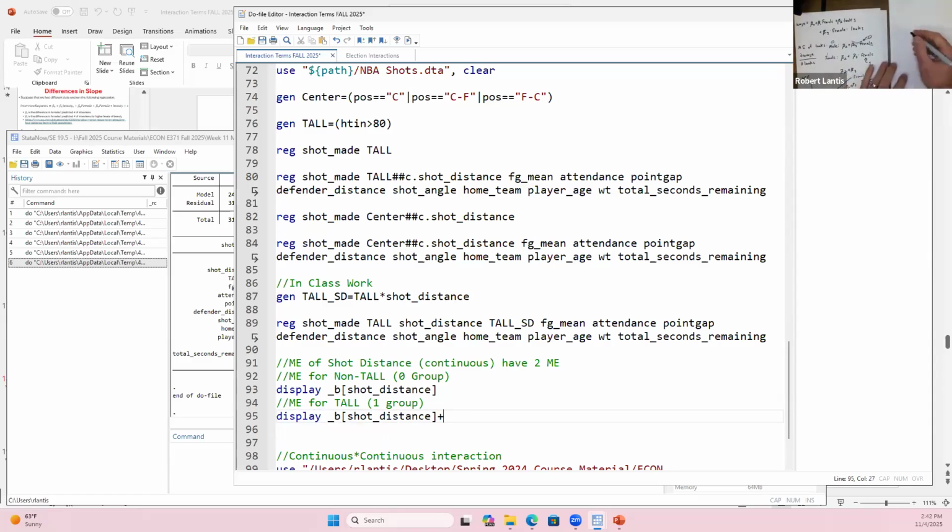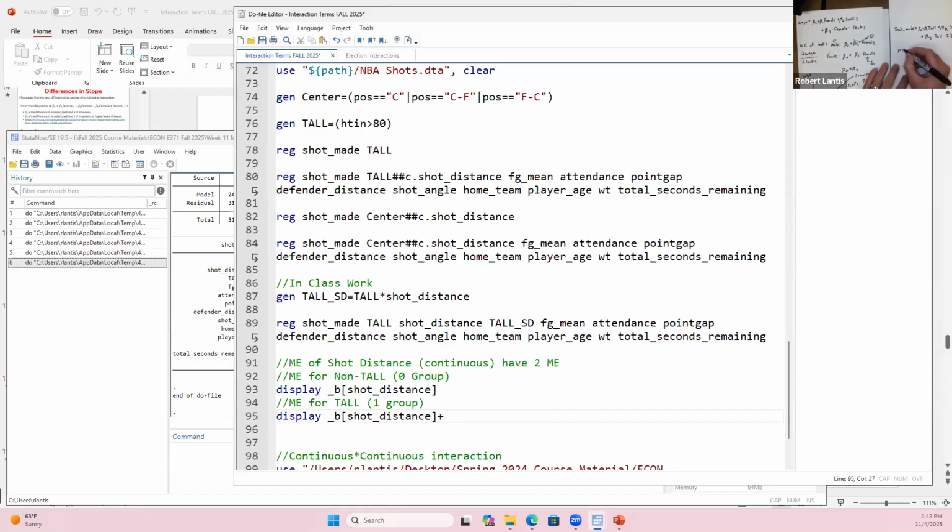If it helps, write this out every time you're looking at a regression. So I was looking at, now I forget, was this just whether or not the shot was made? Yeah, so was the shot made? And we had this dummy variable, this continuous variable, then the interaction of the two.